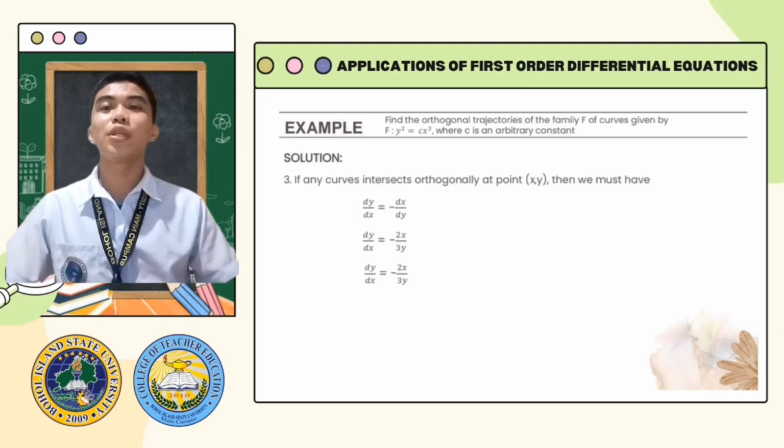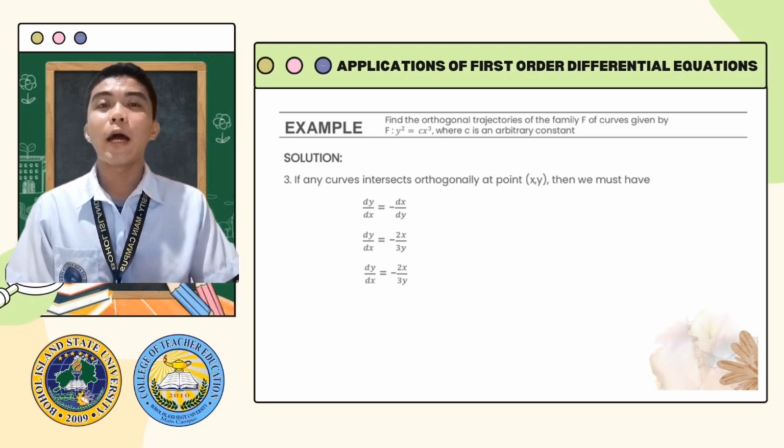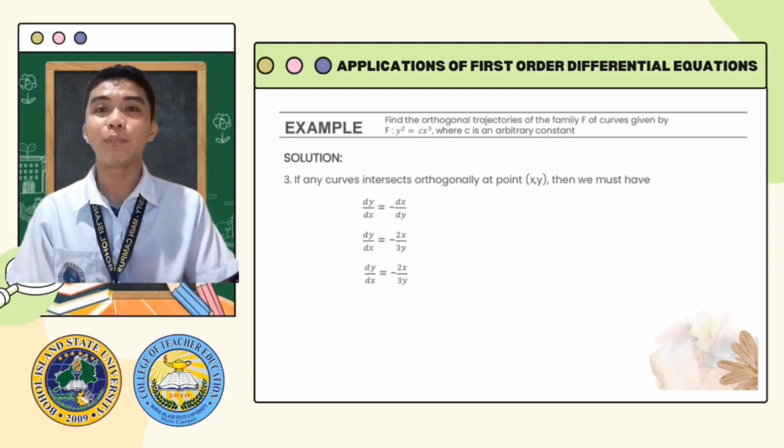So now let's proceed to the third step. If any curves intersect orthogonally at point xy, then we must have dy over dx equal to the negative reciprocal of dy over dx, which is equal to negative dx over dy.